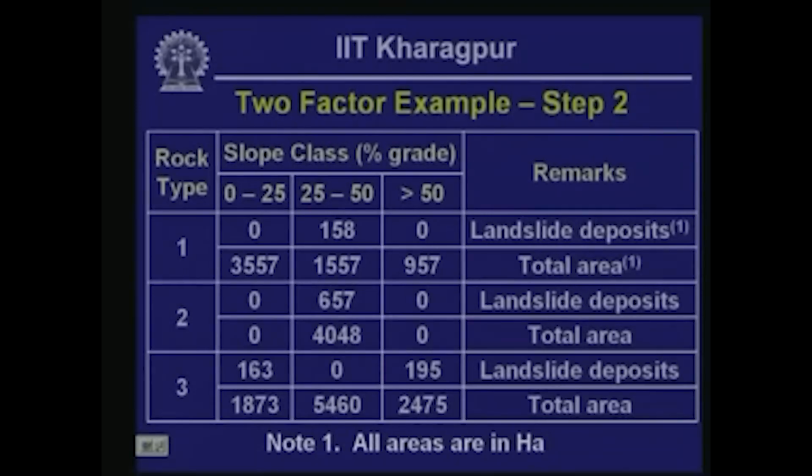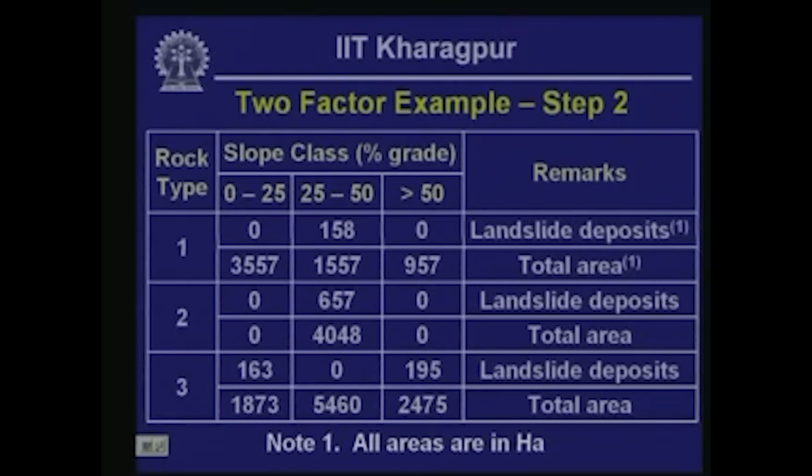So, for a slope which is between 0 to 25% grade underlain by rock type 1, you have 0 hectare of land mass affected by landslide out of 3,557 hectare of land underlain by rock type 1 that is categorized in slope class 0 to 25, and so on and so forth.